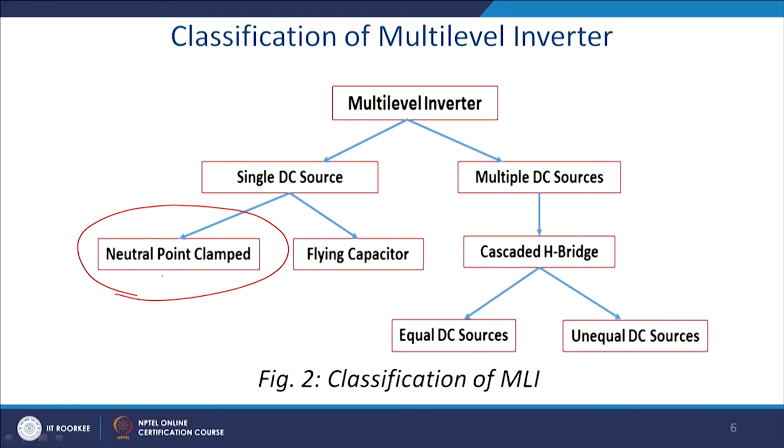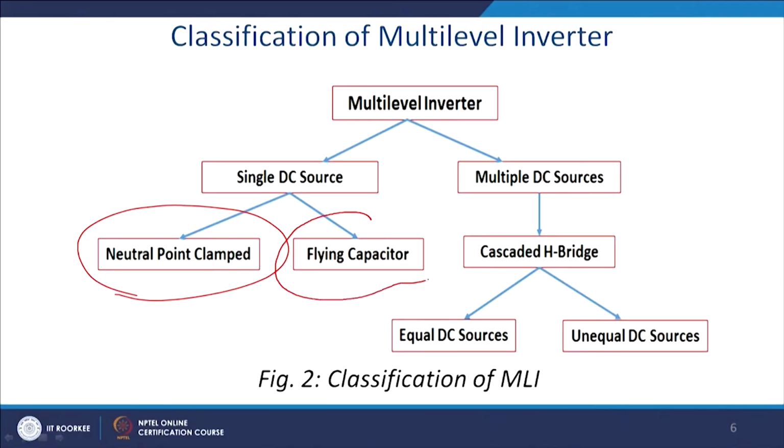The next topology is the flying capacitor. Here the voltage is applied through different charging and discharging of the capacitor, but to operate it properly you require to charge and discharge the capacitor in a controlled manner to get the desired voltage. Thus, there is a complex construction involved. And you can have a cascade multi level inverter.